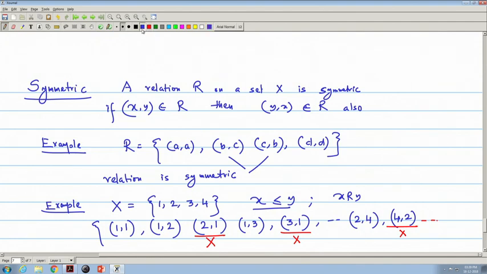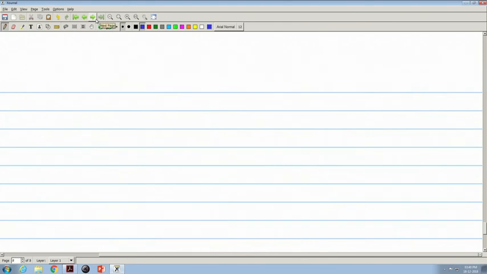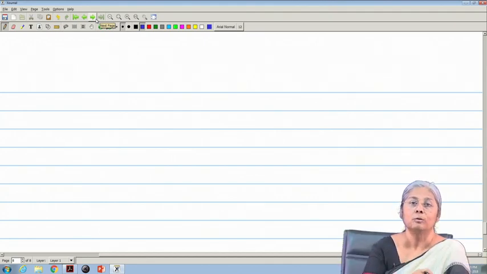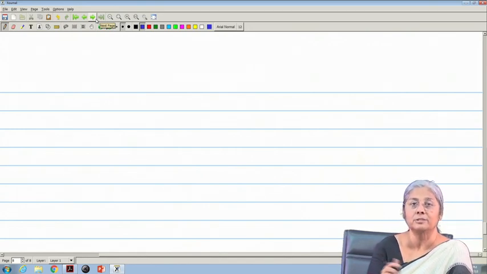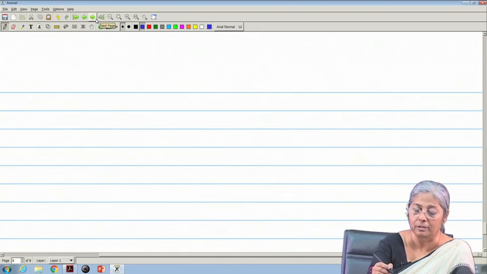So, here this relation x less than equal to y is not symmetric. Similarly, our example of x divides y is also not symmetric, because if x divides y, then y divides x is never true. So, if (x, y) is in the relation R, then (y, x) cannot be in the relation R.